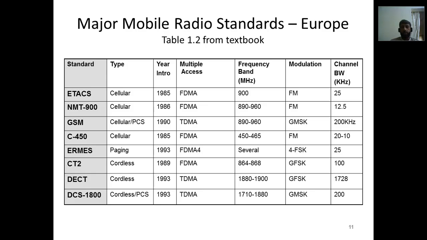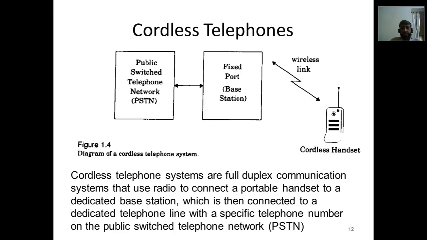So again, you can see that there are cellular services as well as paging services and cordless services that were established with different channel bandwidth and different modulation techniques. So let me talk about cordless telephony.